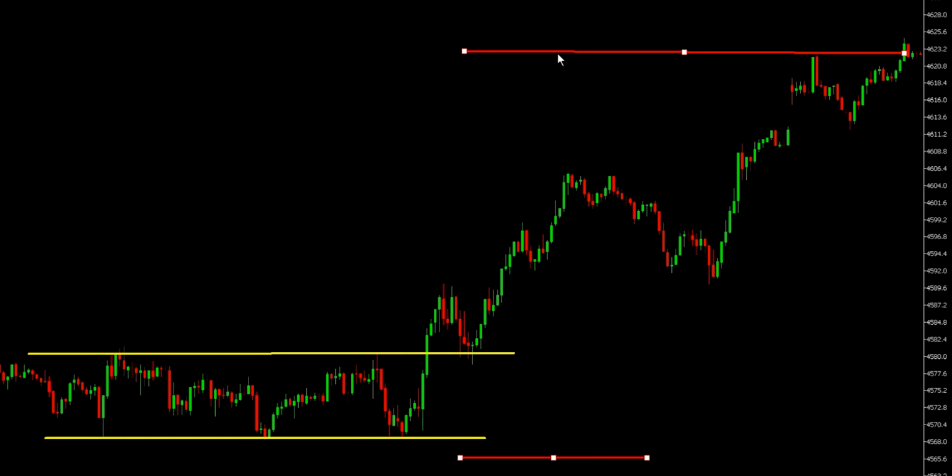Because setting your take profit level up here will obviously have an impact on that reward to risk ratio. And so by setting your stop loss here, you maintain a similar reward to risk ratio, but also get that additional protection of this level of support here.